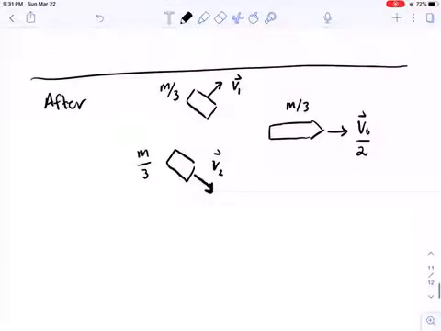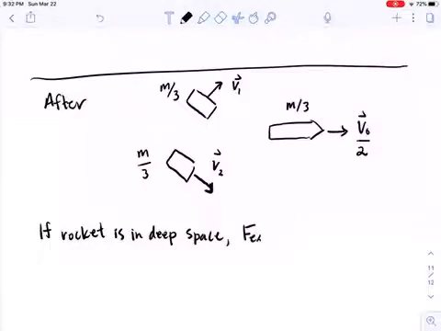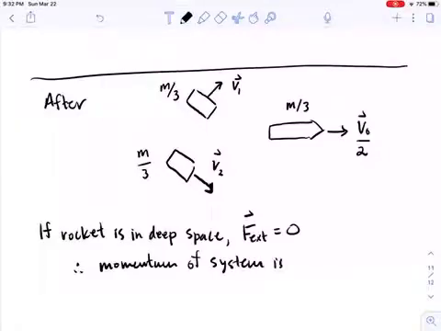Okay, so if our rocket is in deep space, so it's not near any massive black holes or whatever, there's no strong gravitational fields on our rocket, then we would say that the external force is 0, and therefore the momentum of our system is conserved.